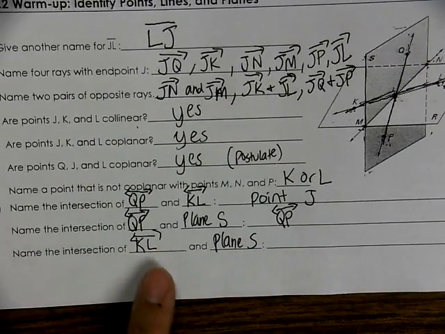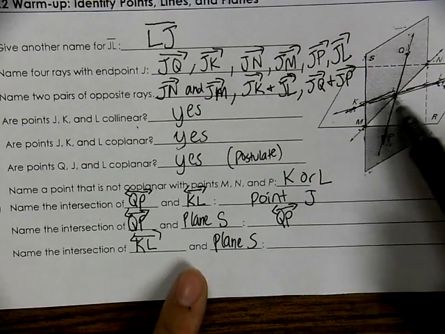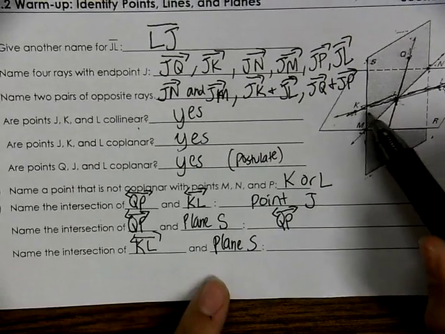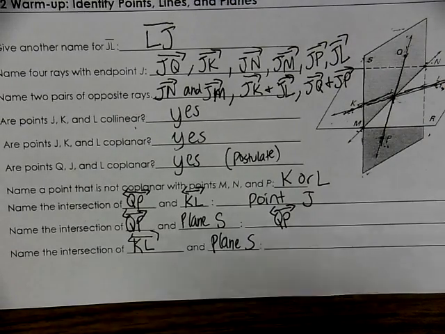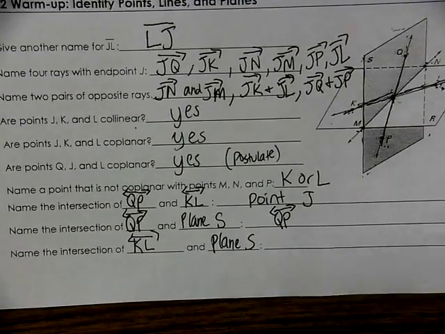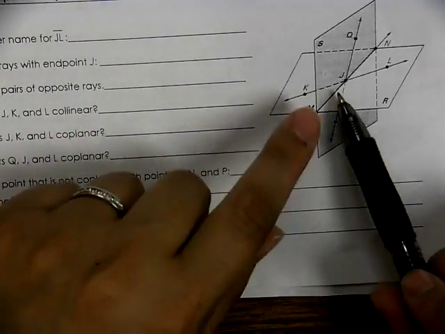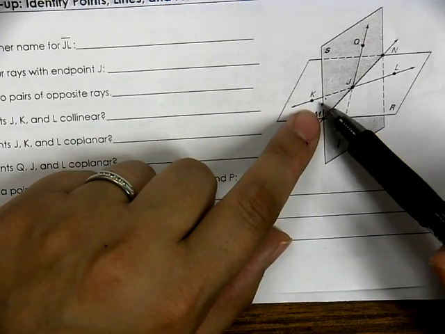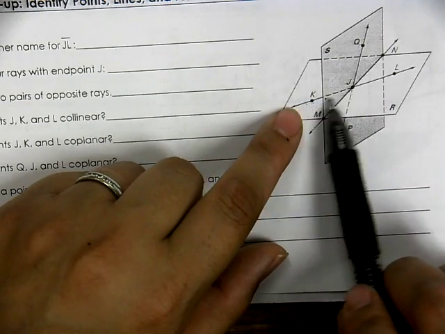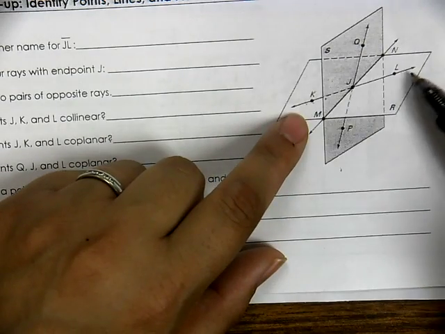All right, then on to this last one, KL. It's hard to see now because I've drawn through it, but let me show you a blank copy real quick. If you look at this blank copy and you notice these little dashes, the dashed lines show that the line is going just through the plane. It's not sitting on the plane.